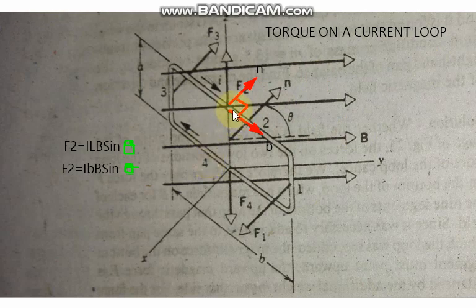So look, this is the length segment b, and this is the unit normal n. The angle is 90-degree. So the point which I want to make is we have to determine the angle between small b and capital B, and the angle between this capital B and unit normal n is theta. Okay, so this much angle is theta. The angle between the unit normal n and capital B is theta.